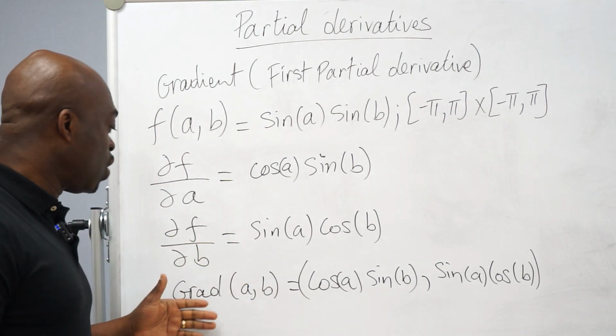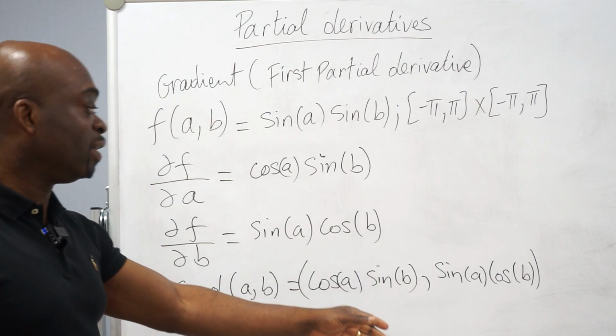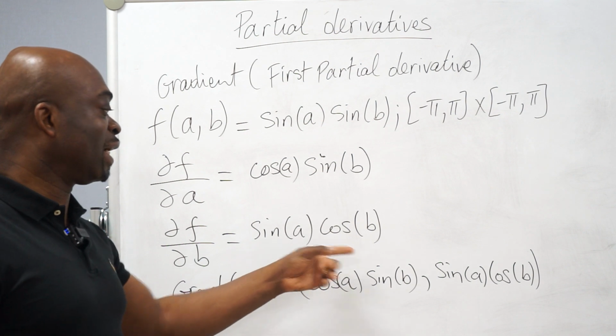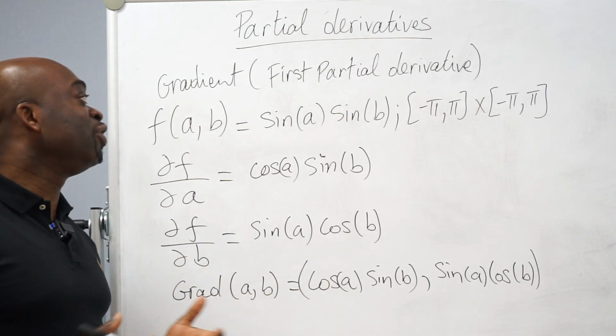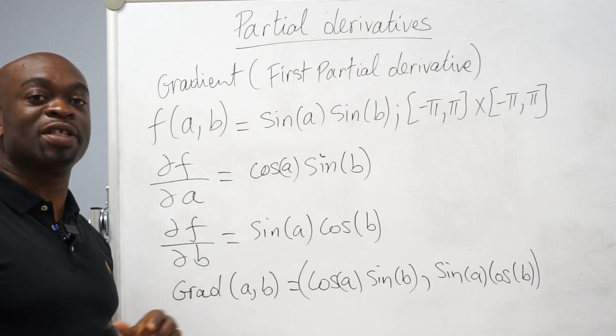So the gradient of f(a, b) is cosine of a times sine of b, and then sine of a cosine of b, like how we have it here. And this is it. We're done so far. There are some other functions which are more involved that we're going to see as well.